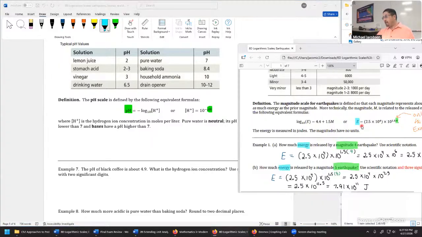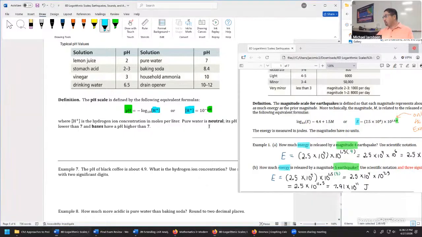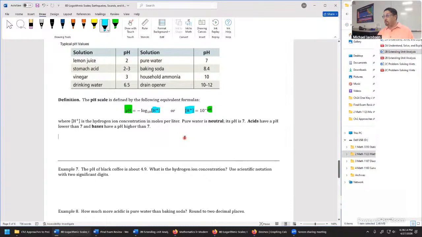And whenever we say energy released from an earthquake or the intensity of a sound, however many times more intense it is than the softest audible sound, here the analogous thing is going to be the H+. So all these formulas can be color-coded in the same way, which helps organize how the quantities are going to be used. The scale is for pH, so that's the thing in green, just like on the other formulas.